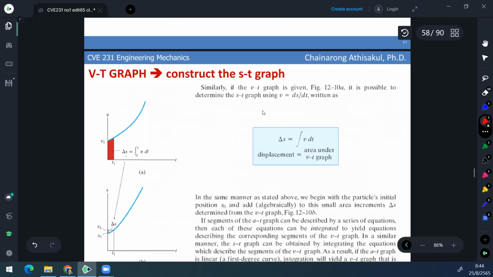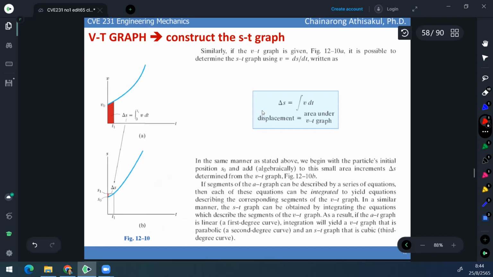In the same manner, if we have a v-t graph and we would like to construct an s-t graph, we use this relationship, that is ds by dt is equal to v. So ds equals v dt, and if we integrate both sides from t0 to t, this is s0 to s.